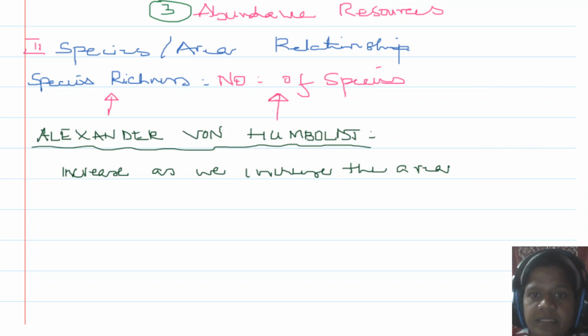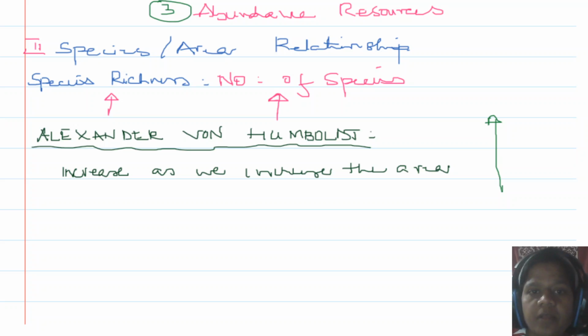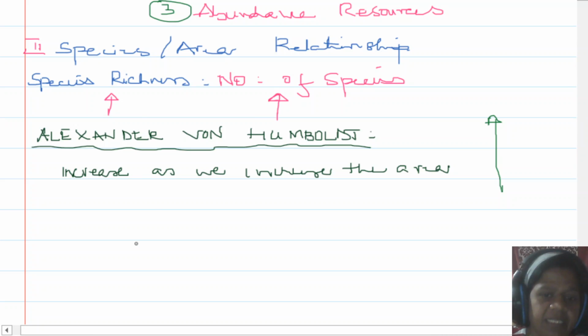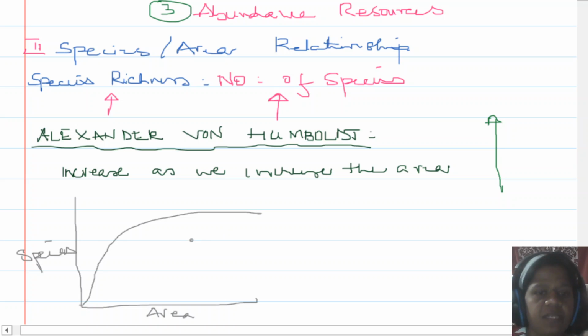But this increase is not exponential all the way. What does that mean? That means if we take a graph and plot it against area, your species richness will grow in the beginning, but at a certain level it plateaus off, right?